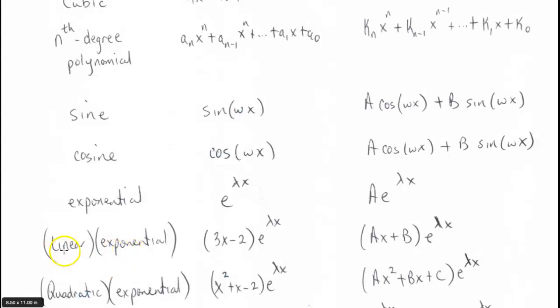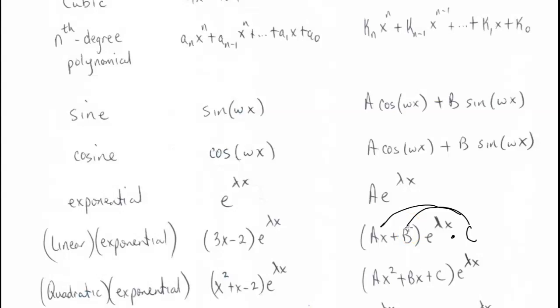If I have, let's say, a linear times an exponential, like you see here, then we'll use the general form of a linear times that exponential. We don't have to say do a times c for the exponential part as well, because if I distribute the c to both terms, a times c is still just a constant, and b times c is still just a constant.